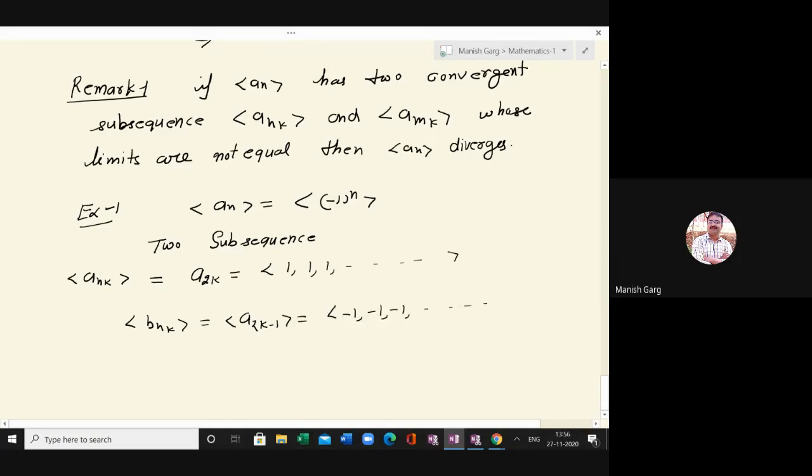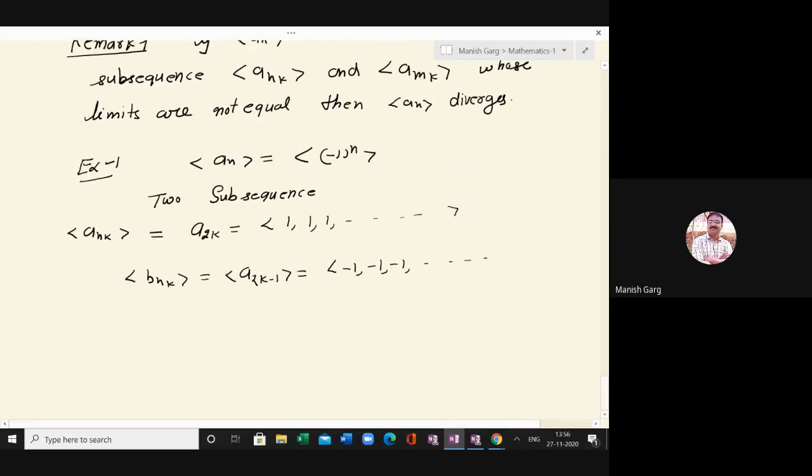So a_{2k} is a constant sequence. a_{2k} converges to 1 and b_{n_k} converges to -1. So we have two convergent subsequences, but they are not equal. They are not converging to the same point.